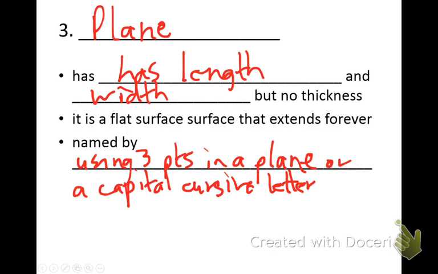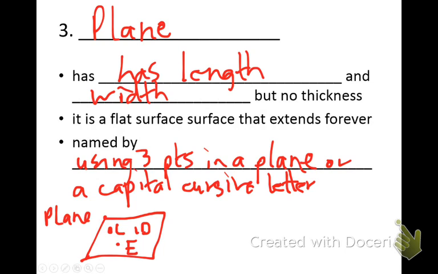It can look like this. We have 3 points C, D, and E, and we call that plane C, D, and E, right?